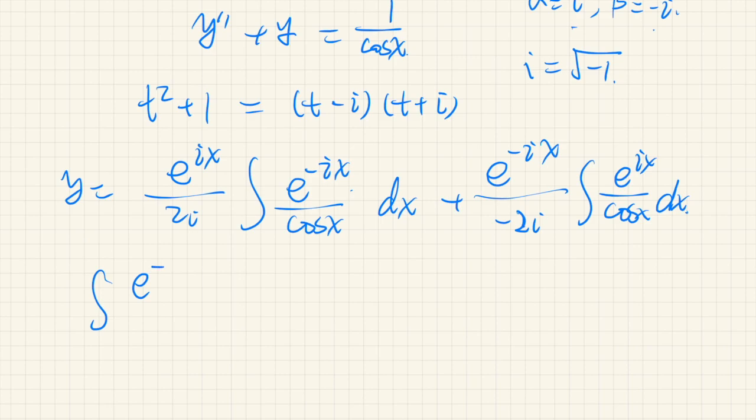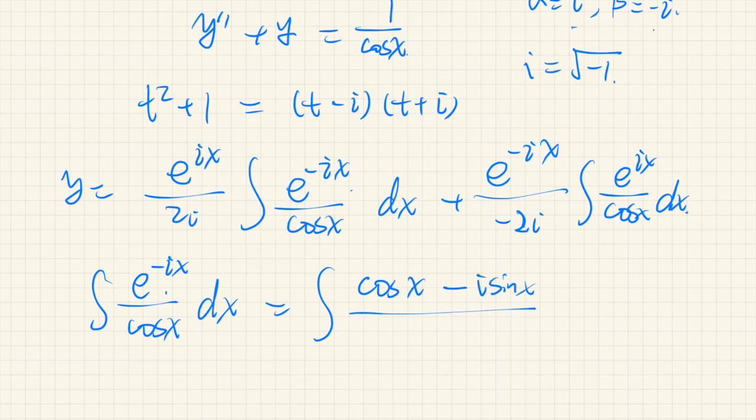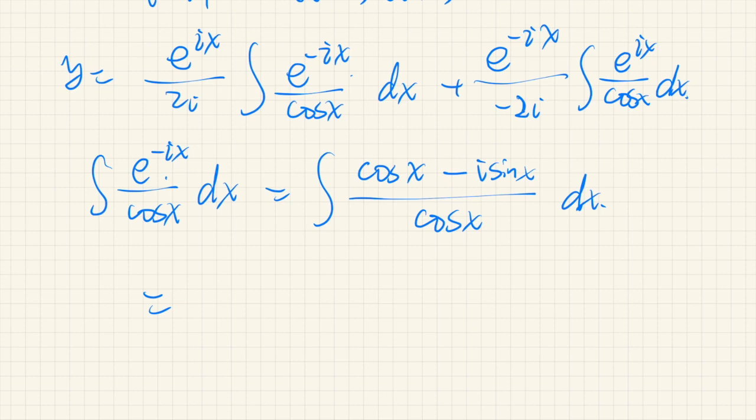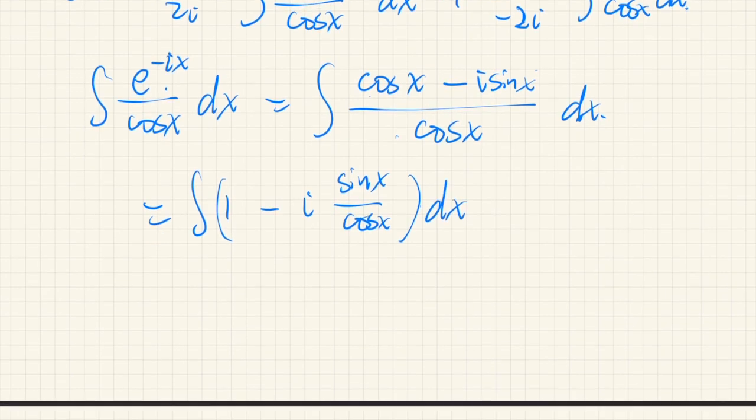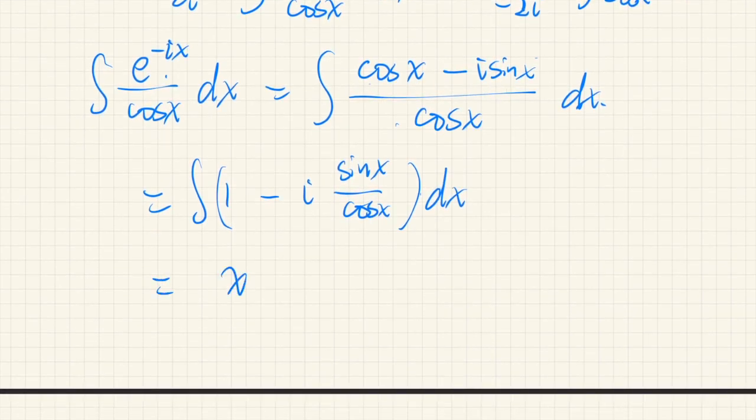Anyway, to integrate this one, we first use Euler's formula. So this is cosine x minus i sine x over cosine x. And this is equal to, so cosine x over cosine x, we have just 1, and sine x over cosine x. So this is just x, and negative sine x is the derivative of cosine x.